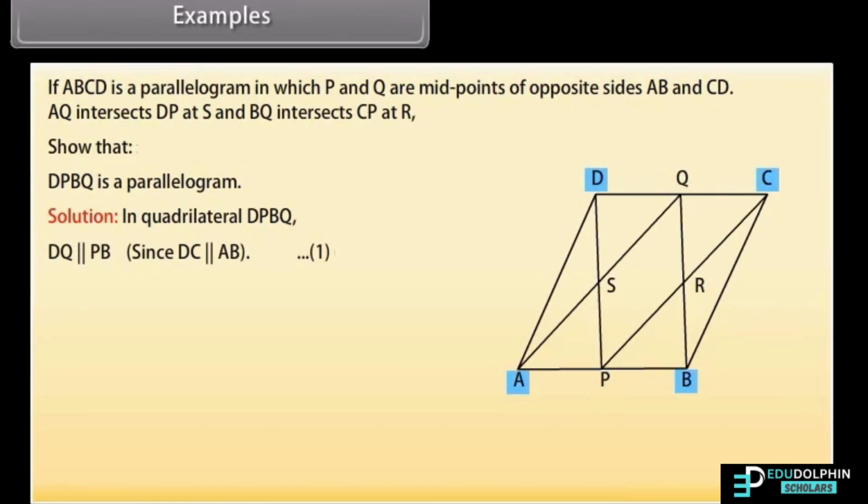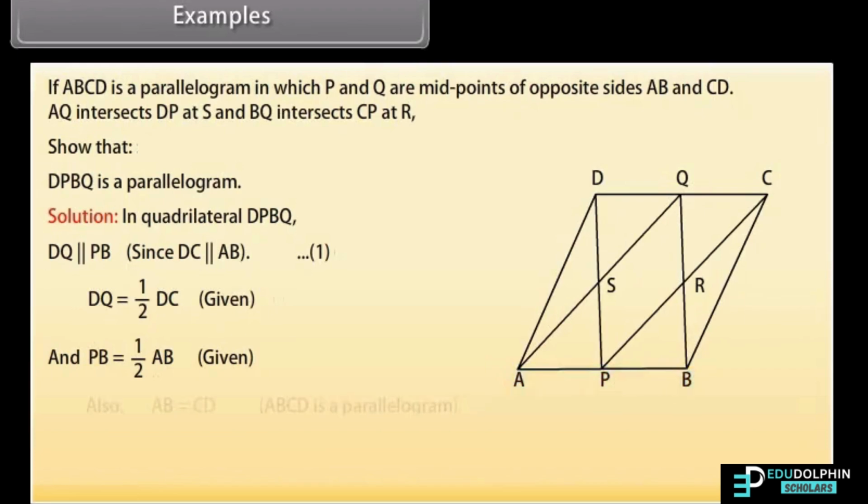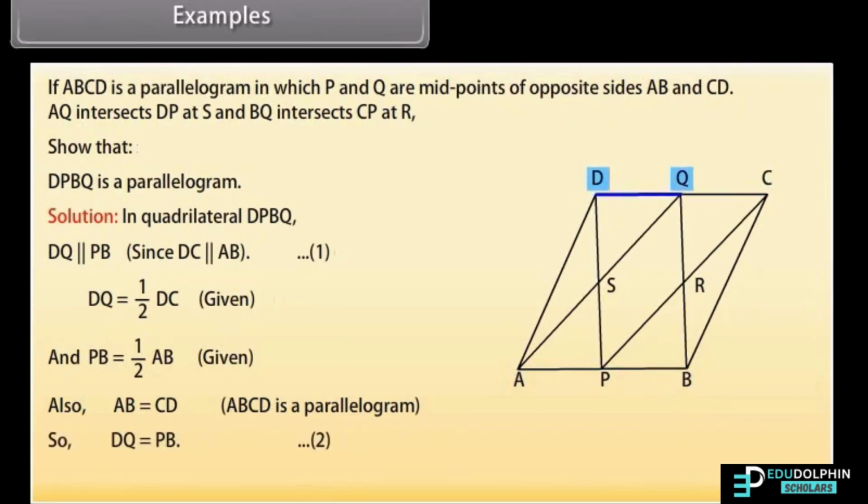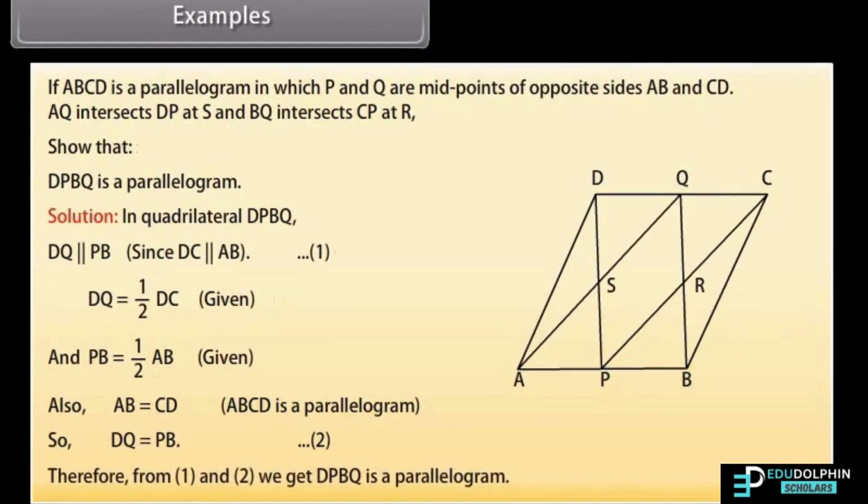Mark it as 1. DQ is equal to 1/2 DC, which is given, and PB is equal to 1/2 AB, which is also given. Also, AB is equal to CD because ABCD is a parallelogram. So, DQ is equal to PB. Mark it as 2. Therefore, from 1 and 2, we get DPBQ is a parallelogram.